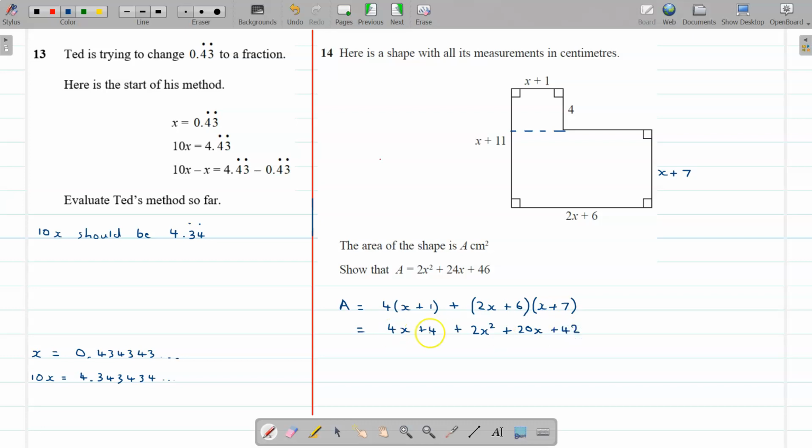So if we combine those two parts, we've got a total of 2x squared, 20x plus 4x, which is 24x, and plus 4 and plus 42, which is plus 46. So there are my steps to show that that is indeed the area of that shape.